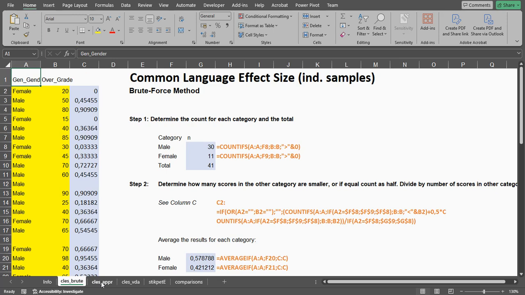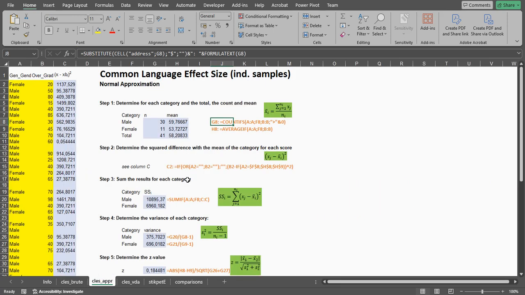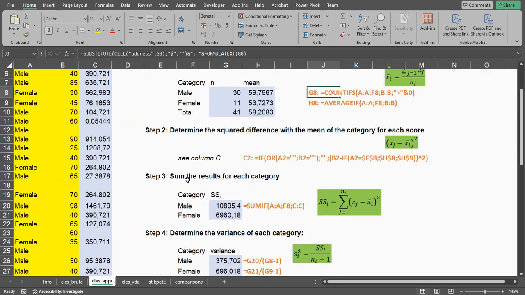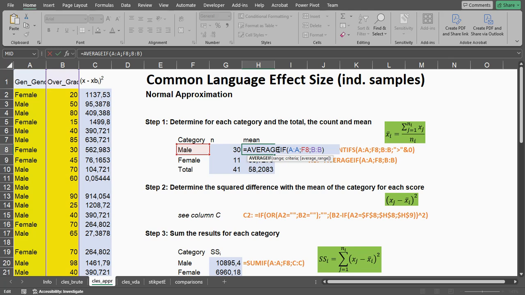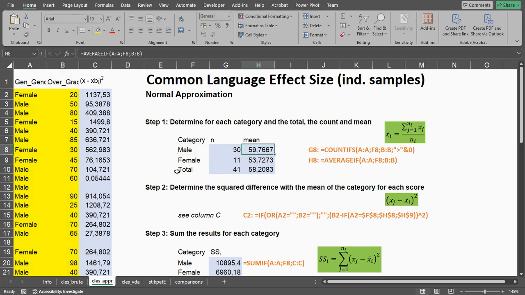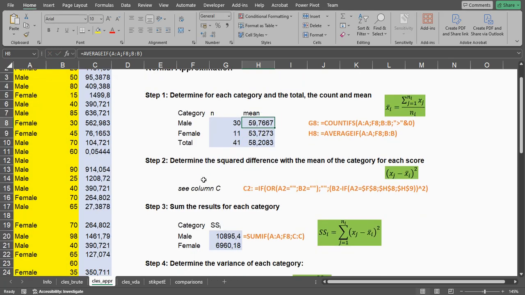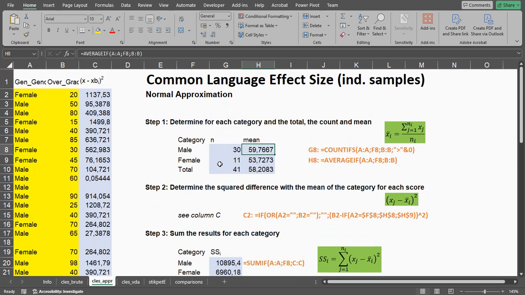If you want to use a normal approximation, that's also an option. Then we start the same way. We calculate the sample sizes, but now we also calculate the average for each of the two groups. Then we determine the squared difference with the mean for each of the categories. I'm doing that over here.